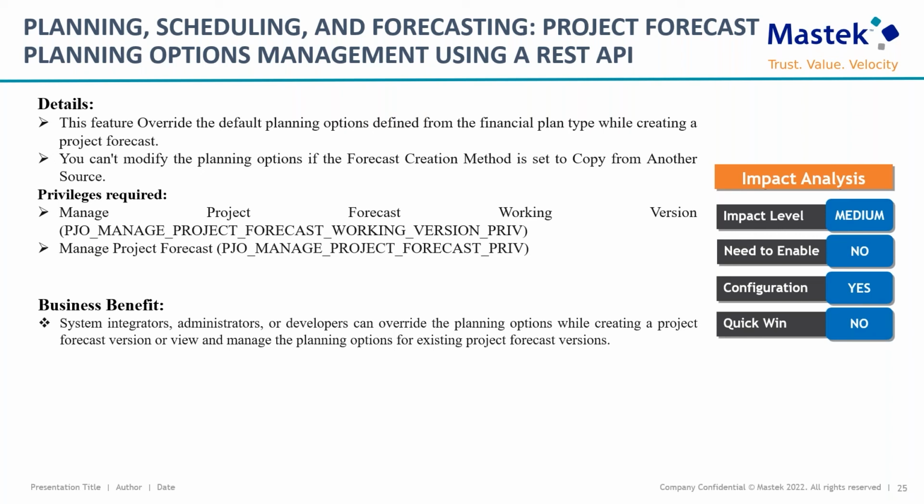But after introduction of this feature, business can add planning options and can change the default financial plan type planning options for the forecasts at the time of creation of the forecast itself.